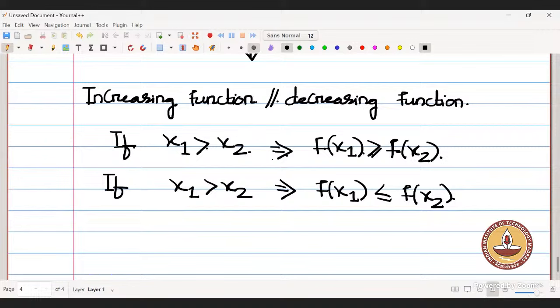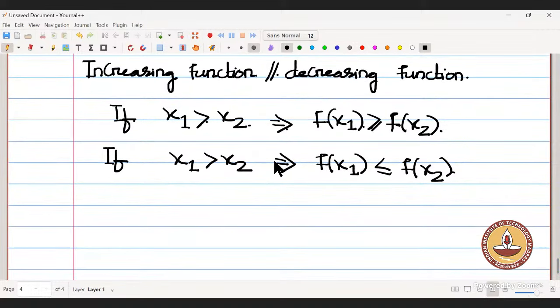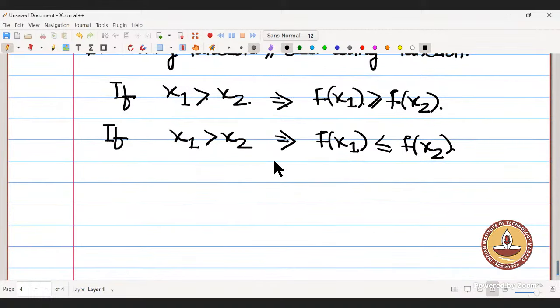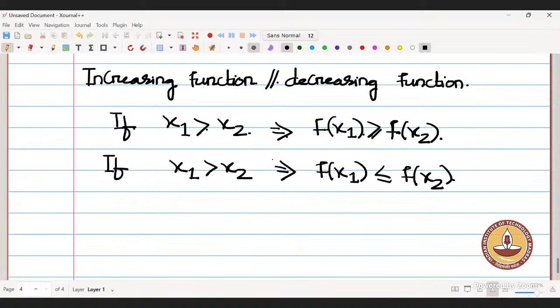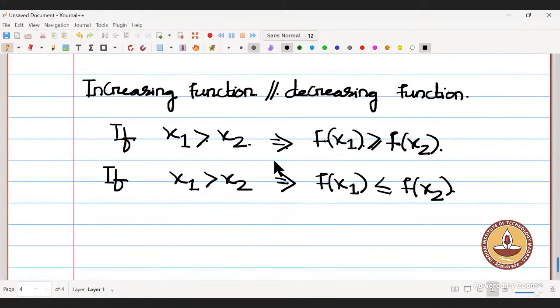Any example of an increasing function? The identity function. In case of a constant function, it will also be applicable. Even a constant function is also an increasing function.